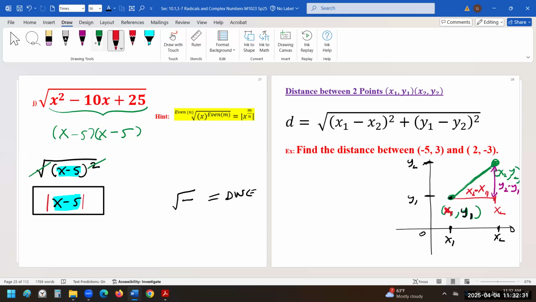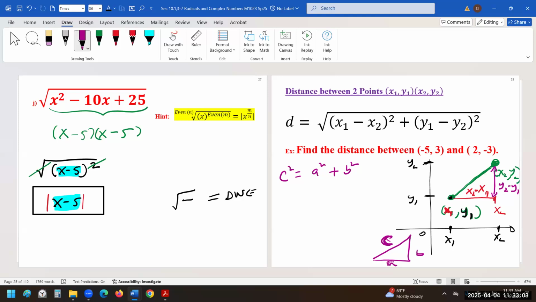So Pythagorean says we have a square, b square, c square. Let me change the color. So if we have a triangle with sides A, B, and C, then we have C square equals A square plus B square.